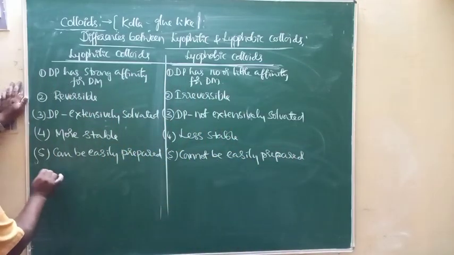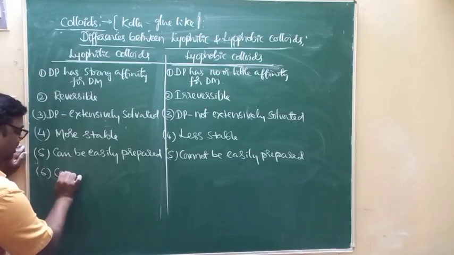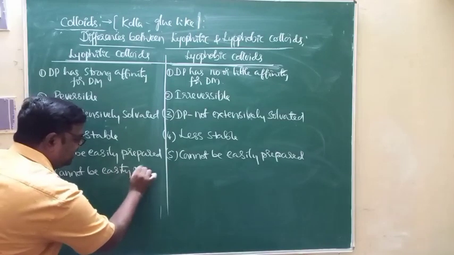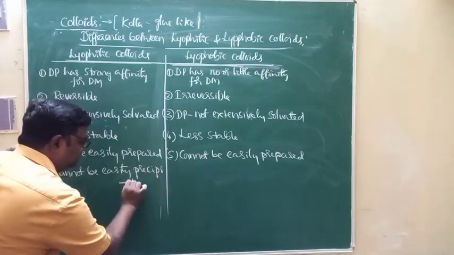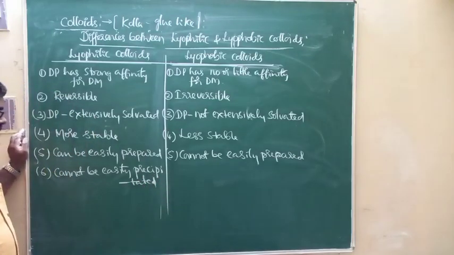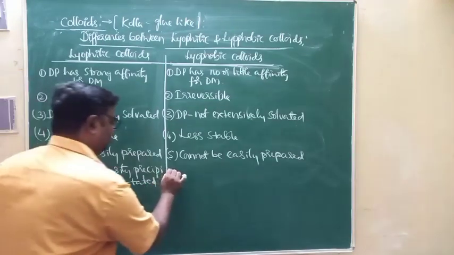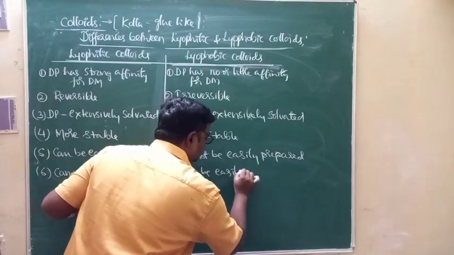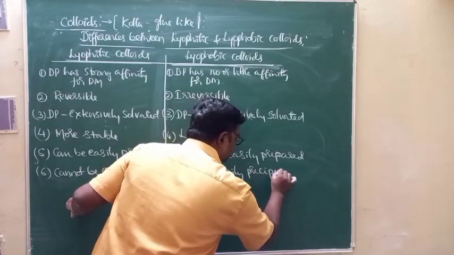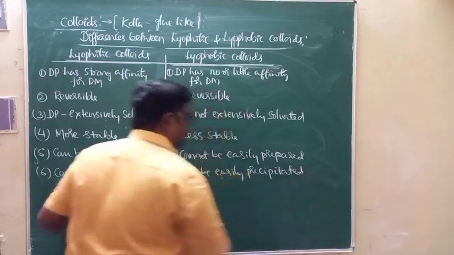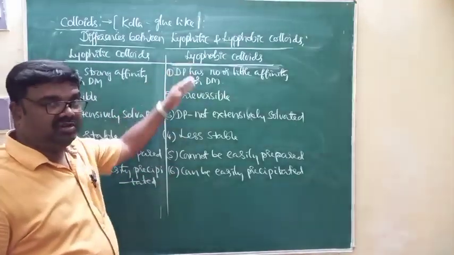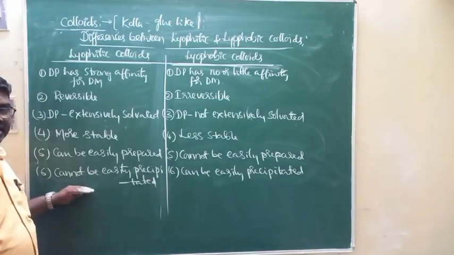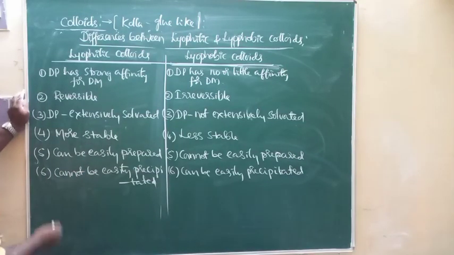Sixth one: lyophilic colloids cannot be easily precipitated due to the strong interaction between dispersive phase and dispersion medium. Lyophobic colloids can be easily precipitated. That is, you can make dispersive phase particles undergo settling easily, but in lyophilic colloids the dispersive phase particles cannot be easily settled. That is what we call the sixth difference.